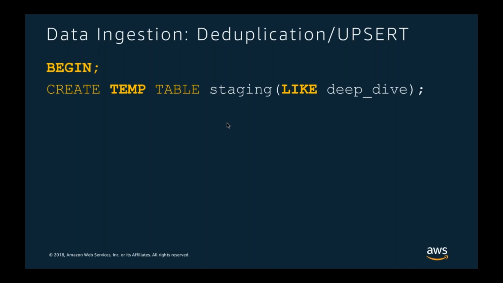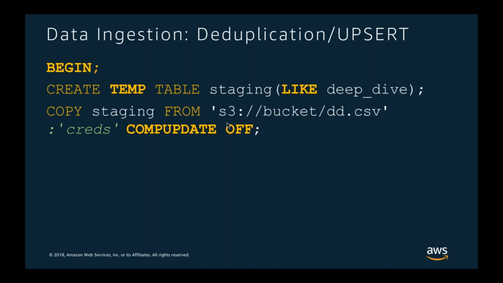When you say like production table, we copy the entire table definition from the production table, including the compression encodings, which means that when you run the copy command, you can turn off the compression exercise. You can say COMPUPDATE OFF. So the copy command does not do automatic compression, right? It doesn't have to sample and figure out the compression encodings, because the table already has predefined compression encodings, right?